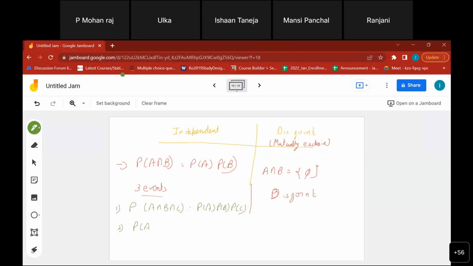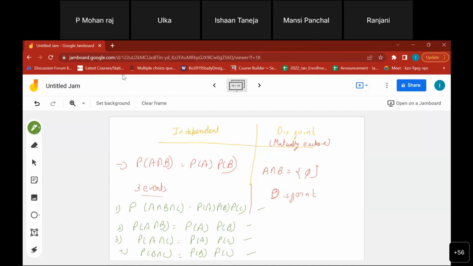Probability of A intersection B equals probability of A into probability of B. The combination of the other events should also be independent. Yes. So for three events, you need to check all these four conditions. Only then you can say the three events are independent. Only by the first condition we cannot say that three events are independent.